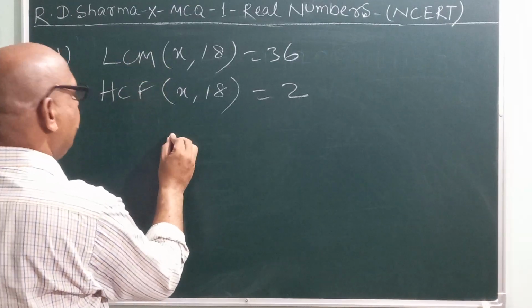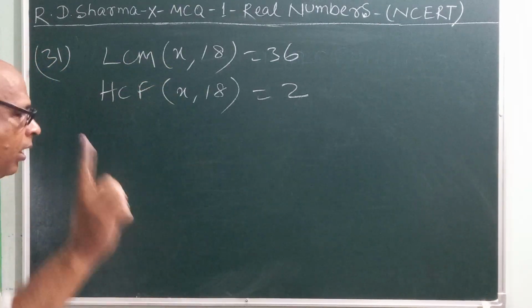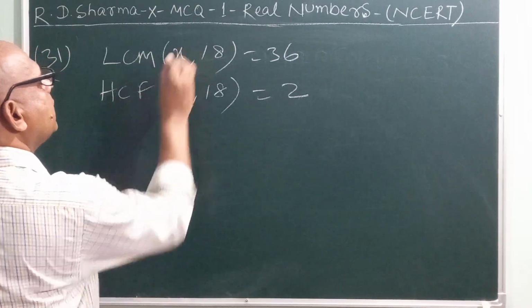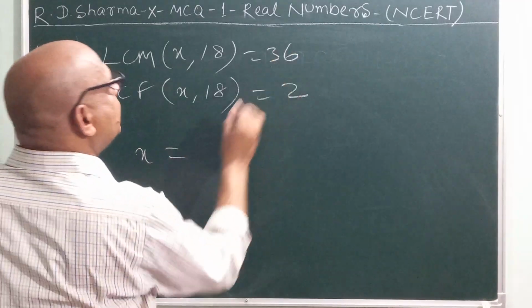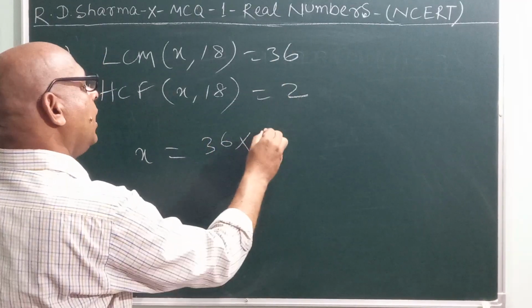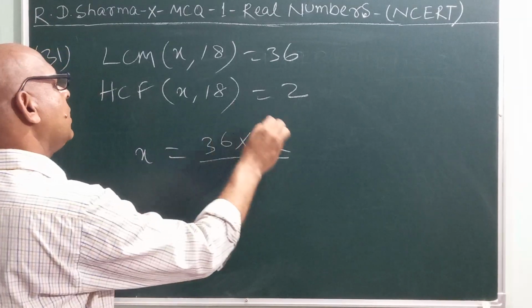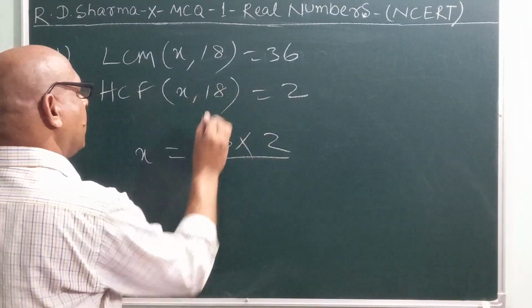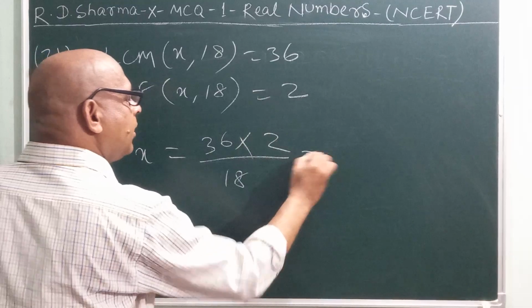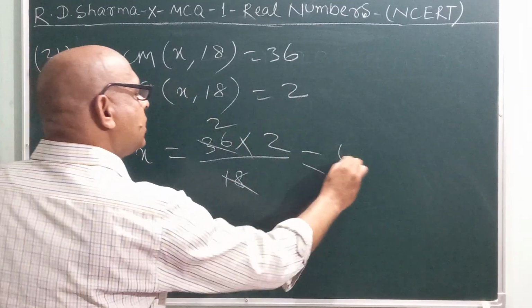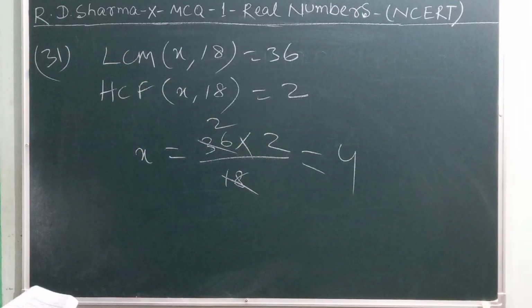LCM into HCF equals the product of the two numbers. So x equals HCF into LCM divided by the other number 18. x equals 4. Question 31, answer C.